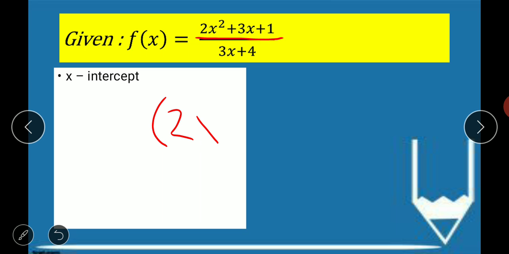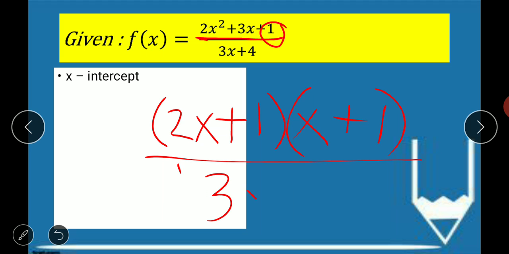We have 2x and x for 2x squared. Then, for 1, no other factor except 1. Both are positive since the middle and last terms are positive. So, those are the factors.